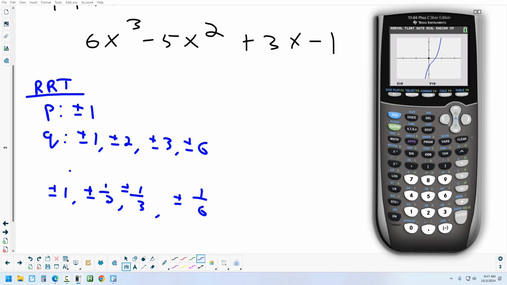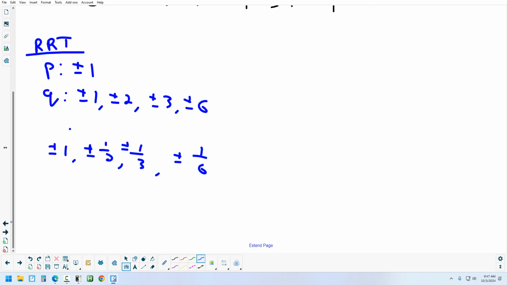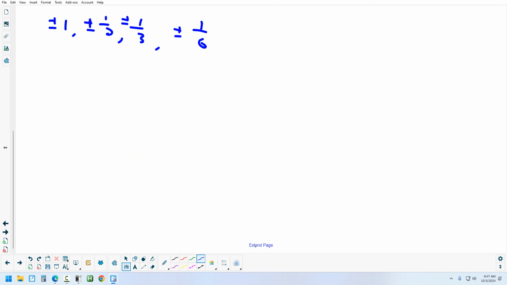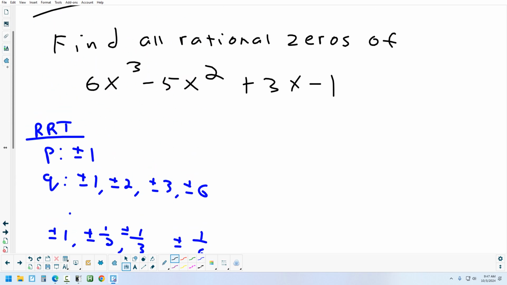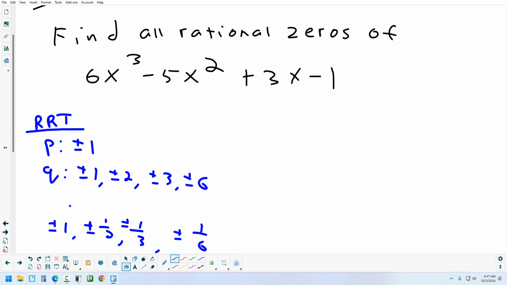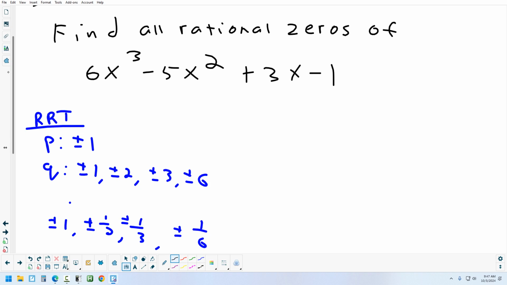I would say 1/2, and I can check it quickly by pressing trace 0.5. Yep, that gives me a 0. Makes sense. Okay, so let's divide through synthetically by 1/2. Okay, my coefficients: 6, -5, 3, -1. Yep, I'm not missing any. 6, -5, 3.